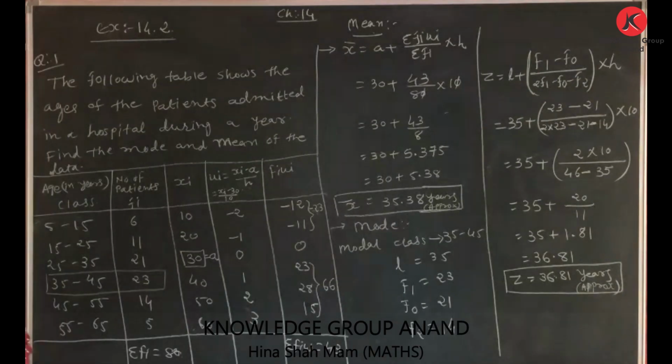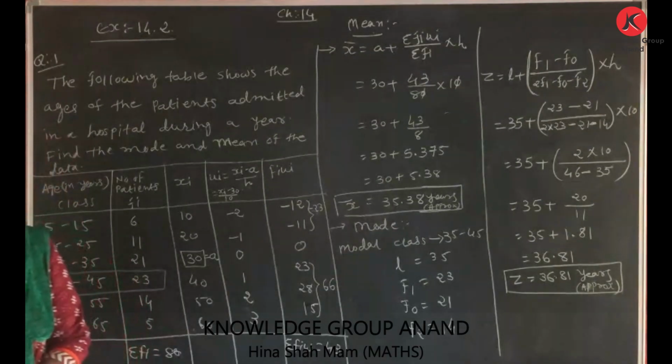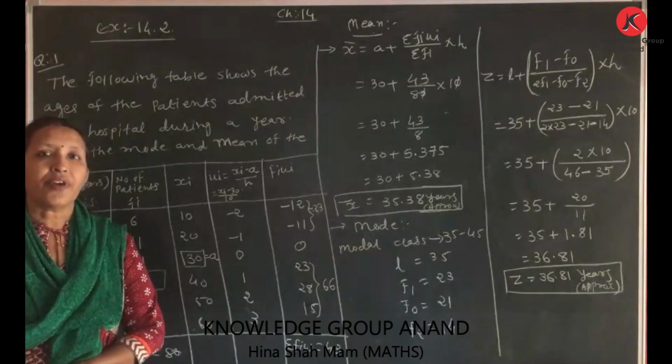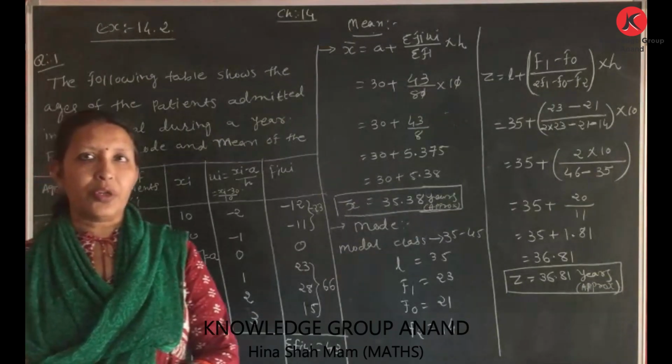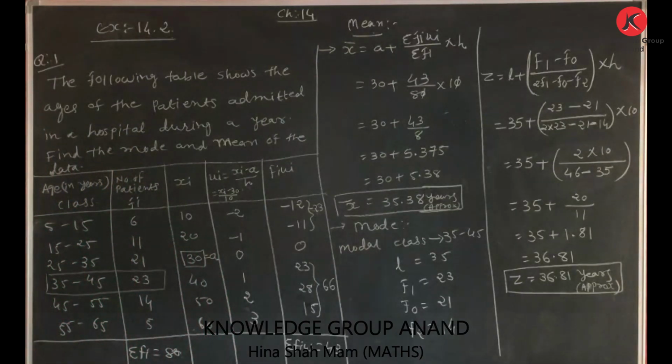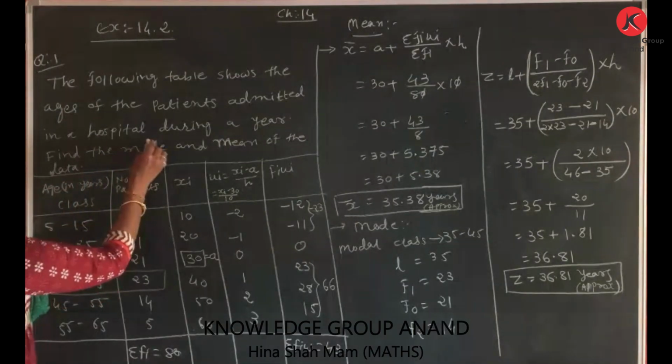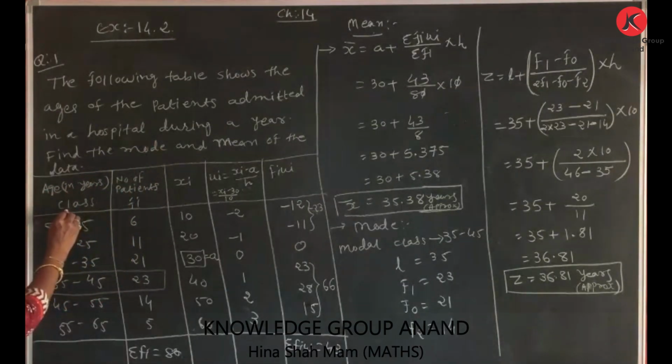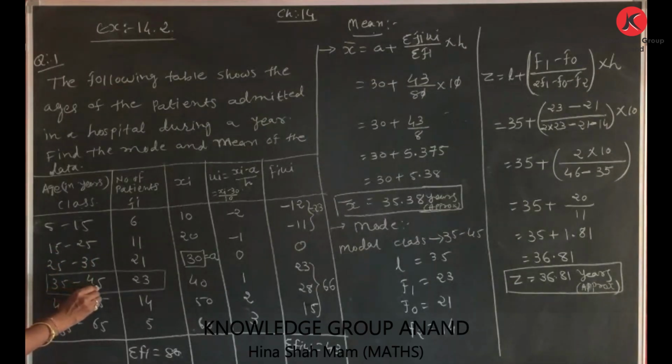In this question, two things are to be found, mean and mode. We learned mean and mode. Now, prepare the frequency distribution table. Age in years is called the class: 5 to 15, 15 to 25, 25 to 35, 35 to 45, 45 to 55, and 55 to 65.